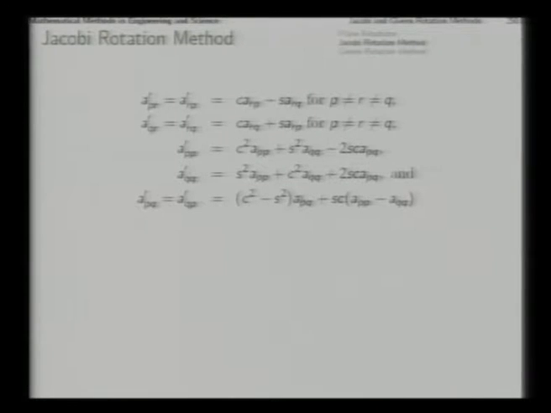So, these are the changes in the pth row and column except the corner points.